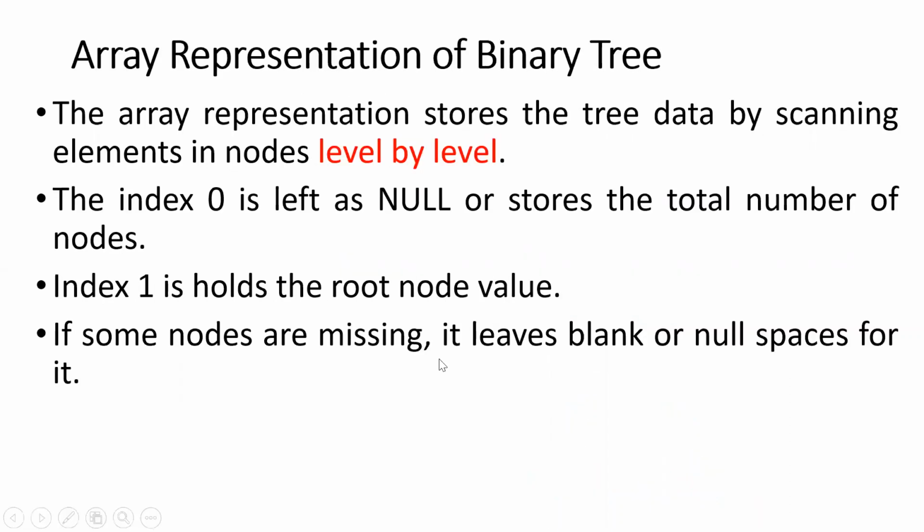Now, if some nodes are missing in the binary tree, as we are representing a binary tree with a maximum of 2 children for each parent node, we leave a blank or null space for any node that is missing. If there is only 1 child or no child present, we leave blank space for the nodes which are absent.